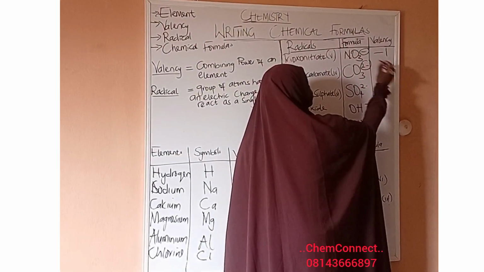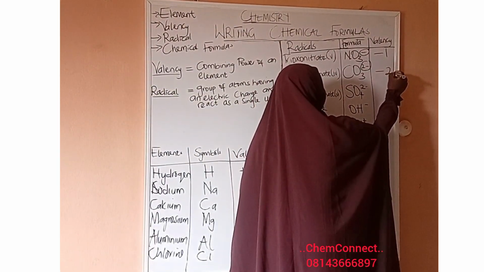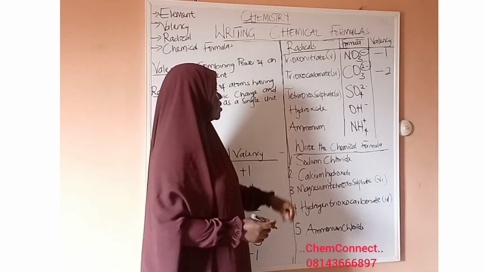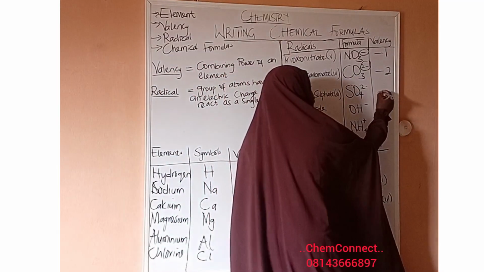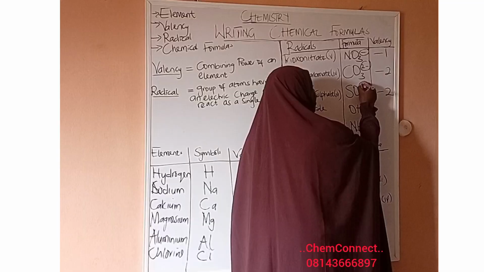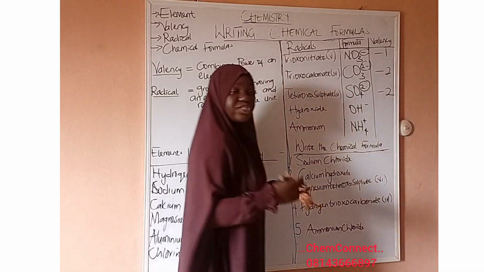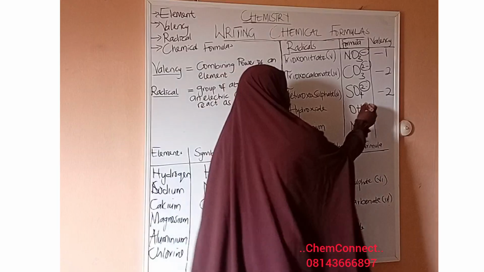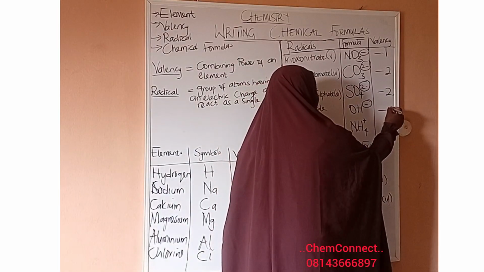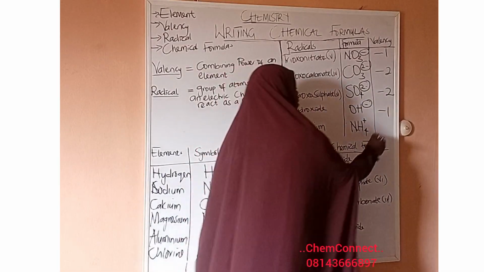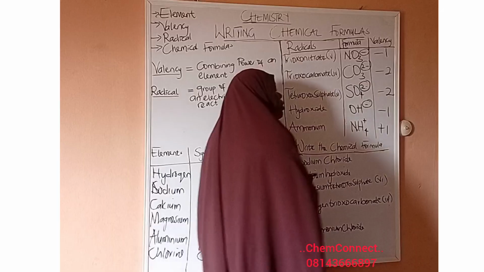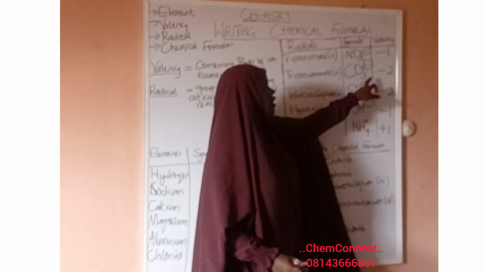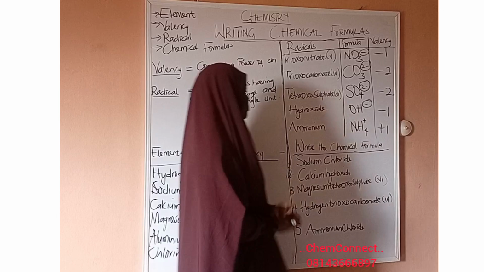Its charge is -2, so the valency is also -2. The valency for tetraoxosulfate(VI) is -2. The charge is -2, so it equals the valency. Hydroxide, -1. Ammonium, +1. Remember, the valency of a radical equals the electric charge it carries.